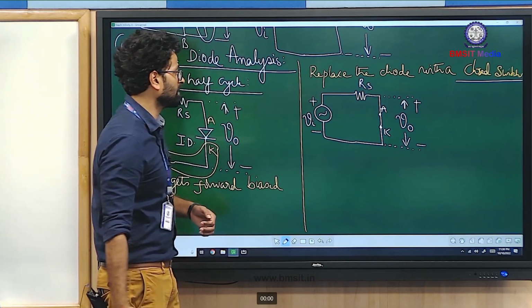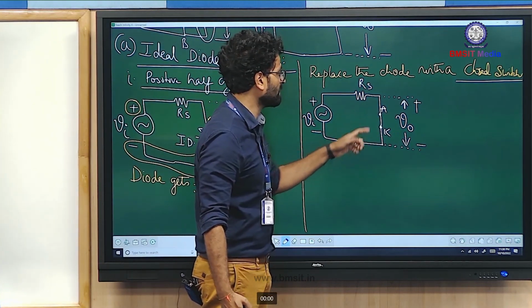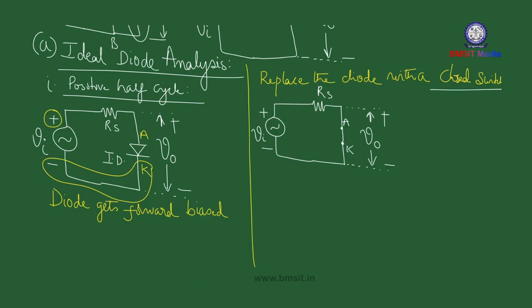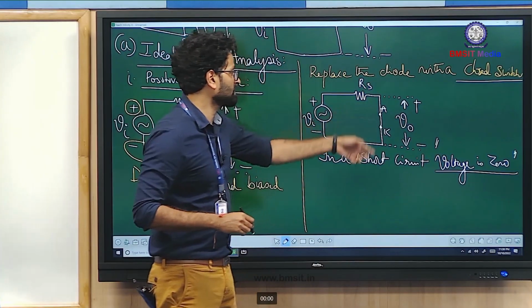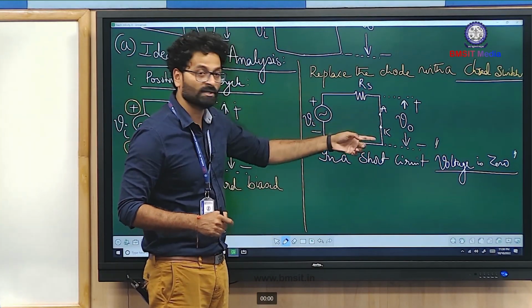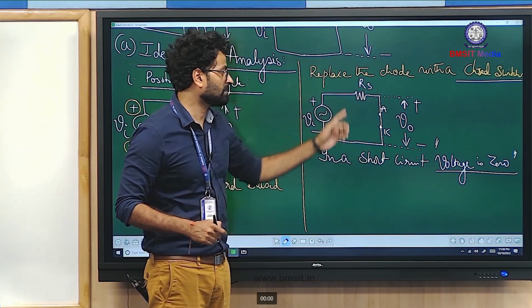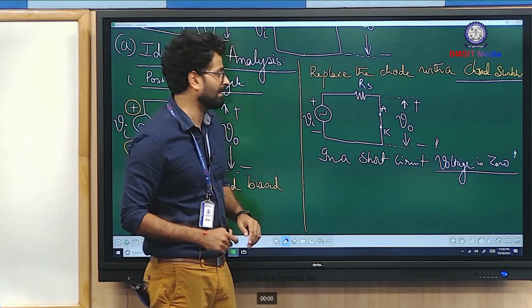As you can see, you are measuring the output across the short-circuited anode and cathode terminals, and we know that in a short circuit the voltage is 0. So this is the short-circuited part. Across A and K you can see there's a straight conductor being placed, which is nothing but a short circuit element.